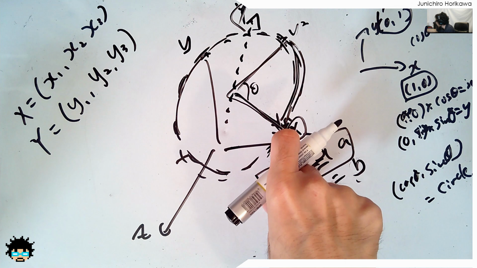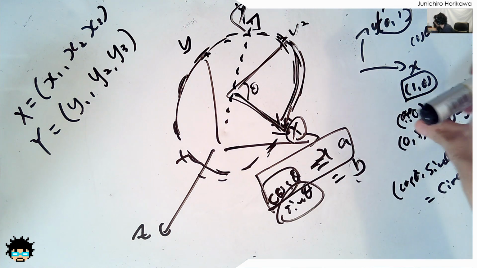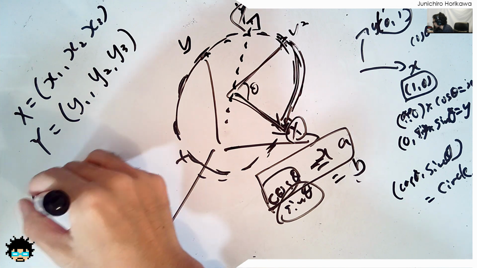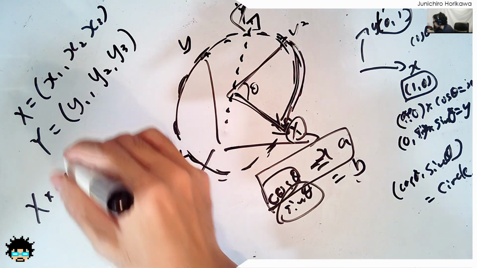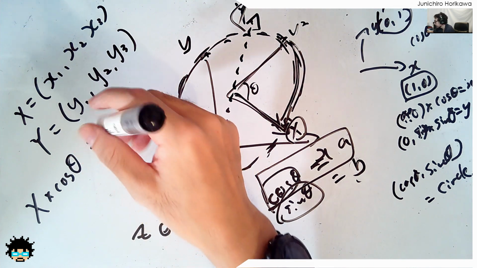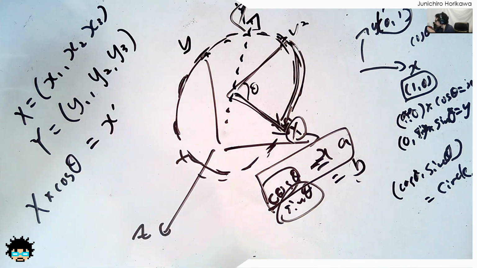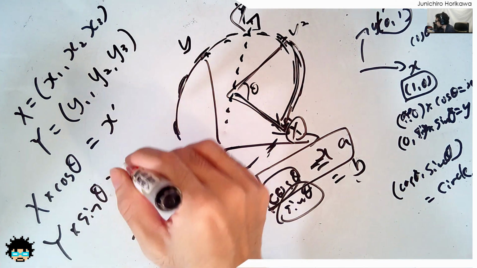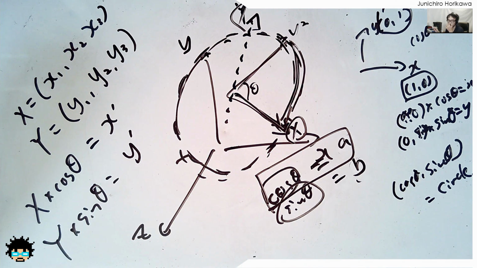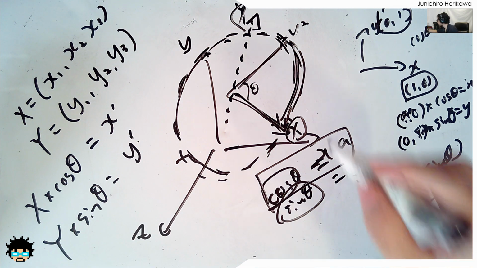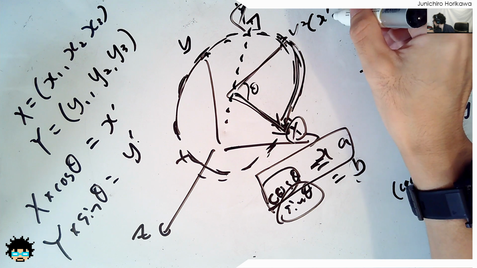And the cosine theta is multiplied by the x-axis. So the x-axis multiplied by cosine theta is going to be the actual x coordinate, and the y-axis multiplied by sine theta is going to be the coordinate for y prime, which is this coordinate.